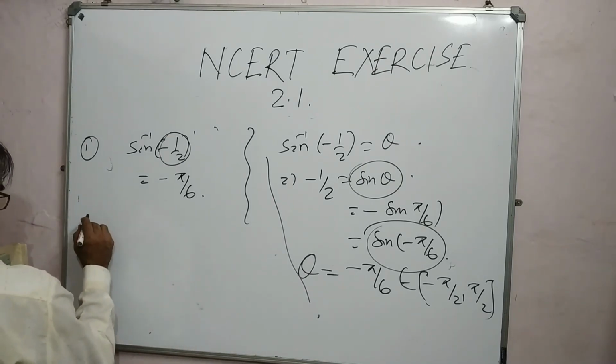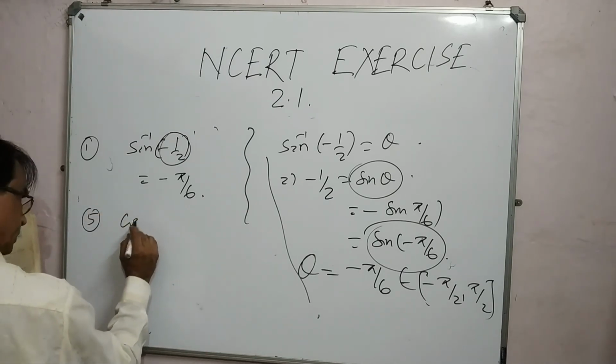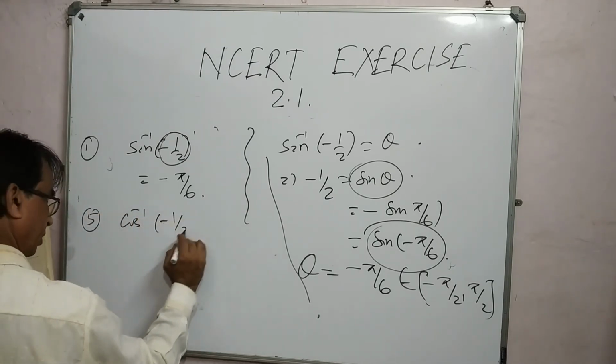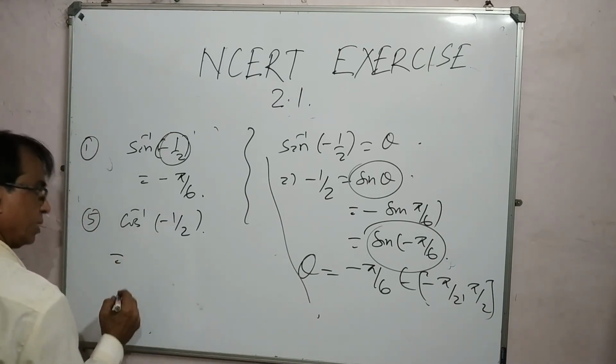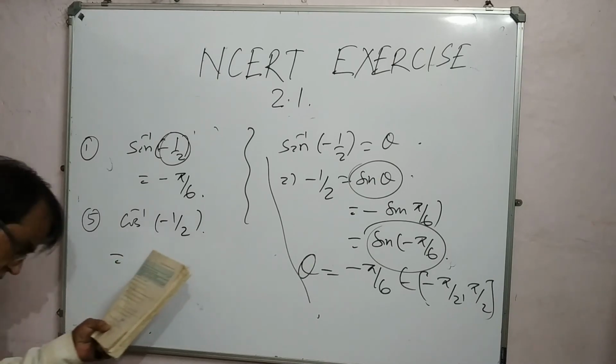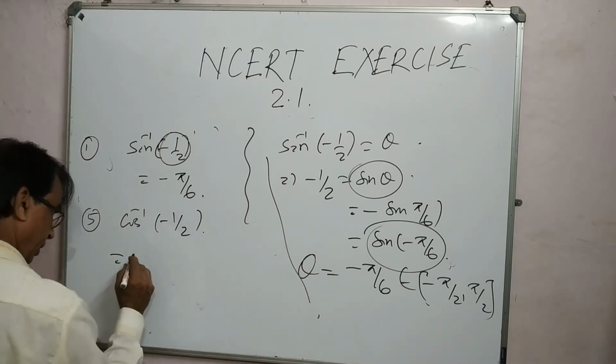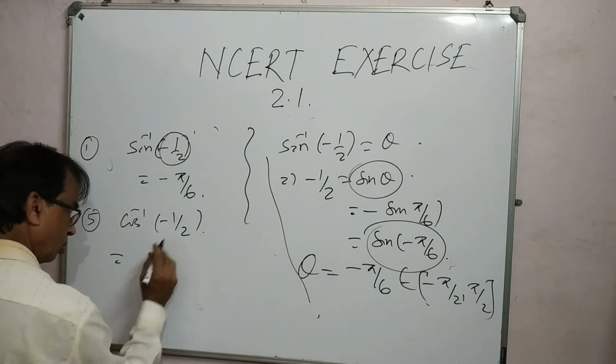question number 5. Cos inverse minus 1/2. So it is negative. Negative means second quadrant, and cos inverse negative, so it will be 2π/3.